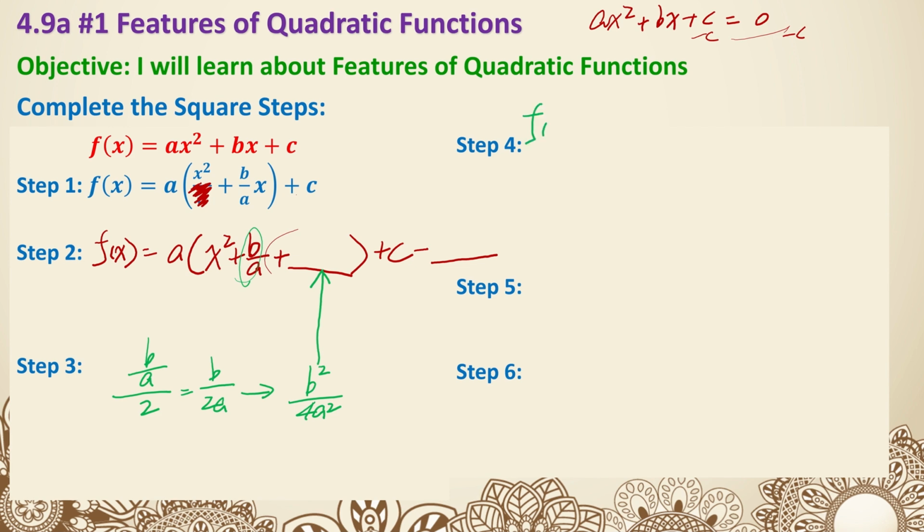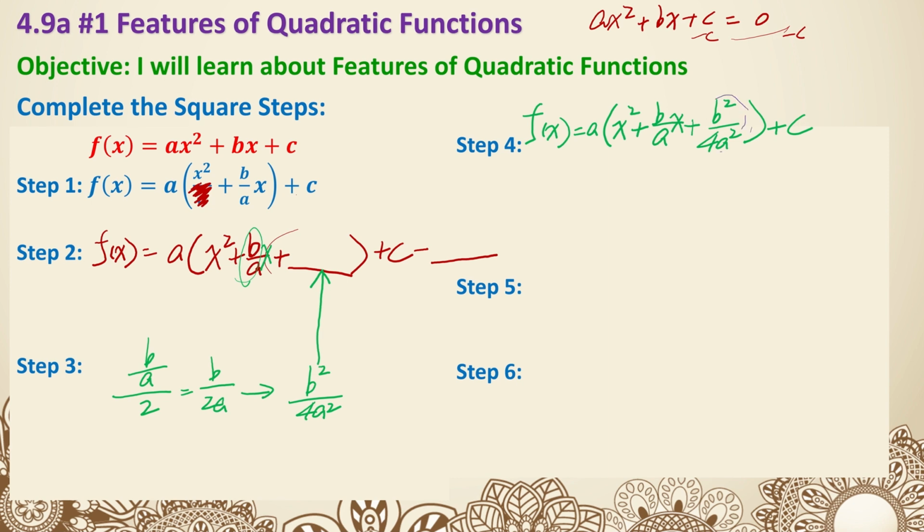So we got f(x) equals a times (x squared plus b over a x. Keep forgetting the x. Okay, and then plus b squared over 4a squared), plus the c outside. But now we need to subtract something to balance everything out.